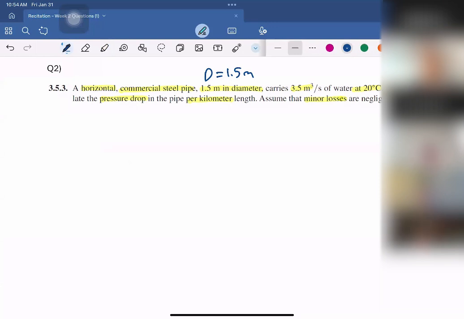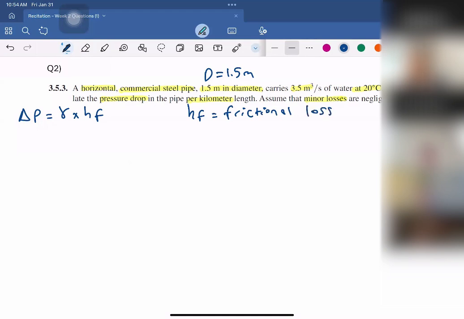So here we have pressure drop equation as specific weight times net loss. Actually, I can write it HF. Here, HF is frictional loss throughout the pipe.